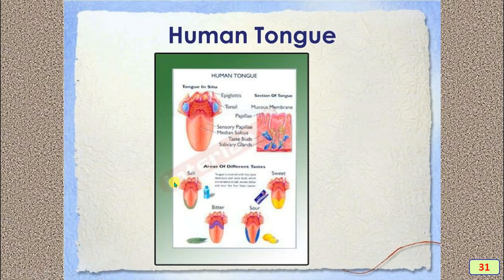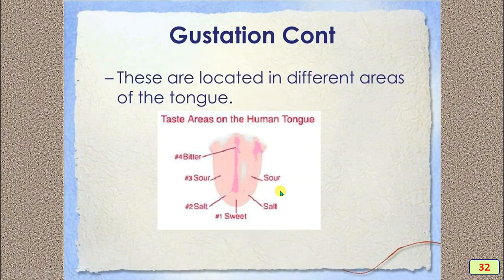For example, salt taste is detected throughout the tongue, bitter in between, sour more towards the back, and sweet also involves the entire tongue.